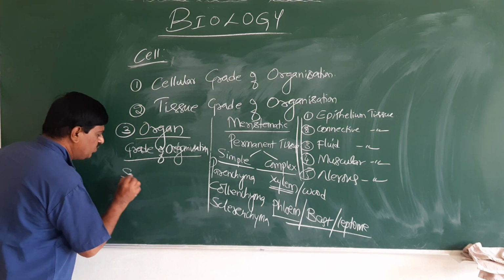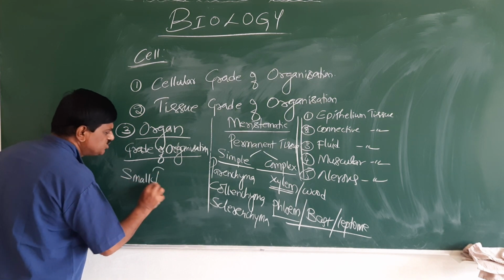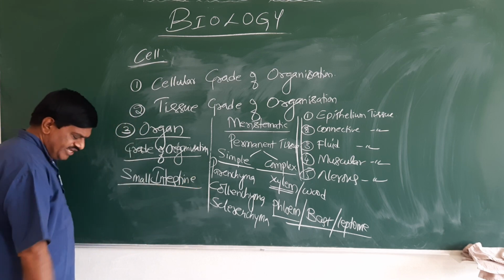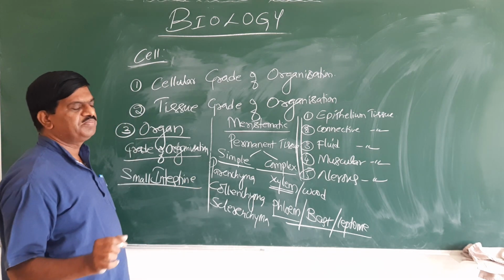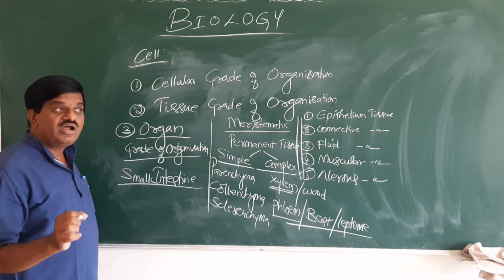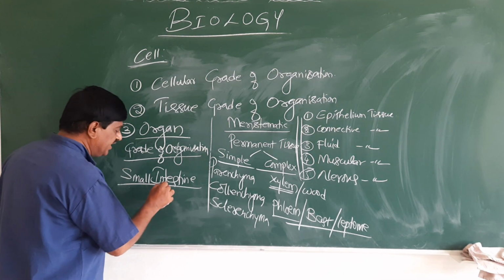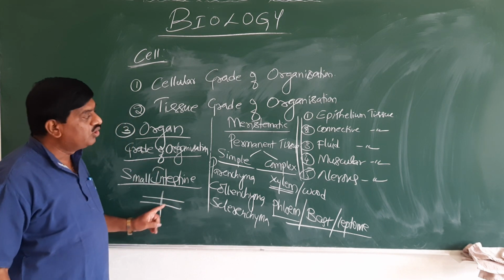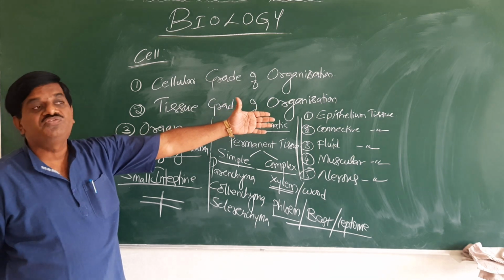For example, take the small intestine. We know that in the human digestive system there is a small intestine as well as a large intestine. When you take a section of the small intestine and look at it, this alone has all 5 types of tissues.